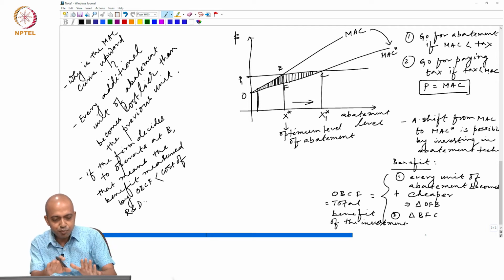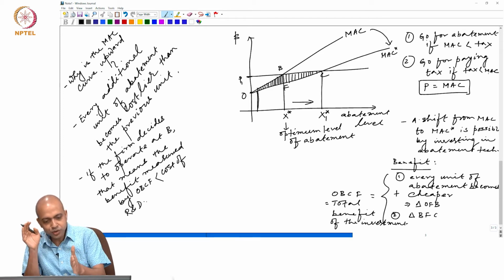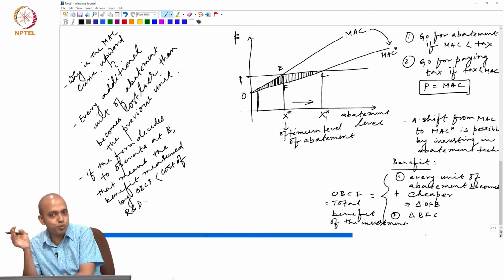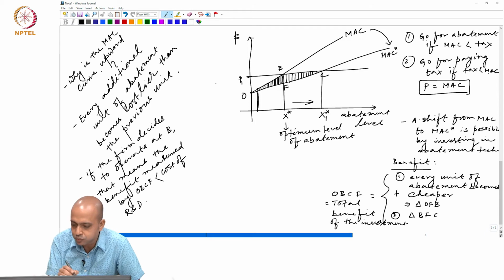So, this is the pre-regulation scenario. I mean, regulation was there, but it was of a modest amount. It was not so stringent. Only P1 amount of tax is imposed. Now, according to Porter, we need to analyze if the tax rate increases from P1 to P2.